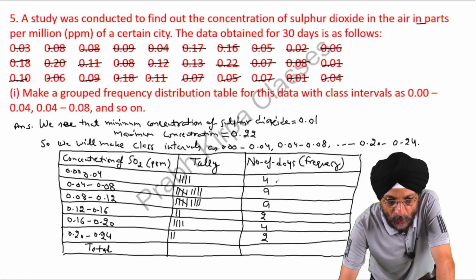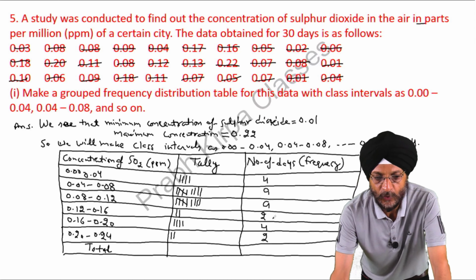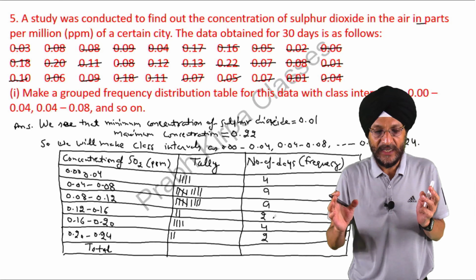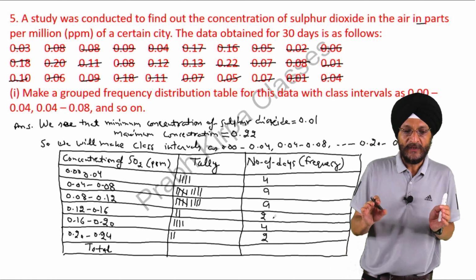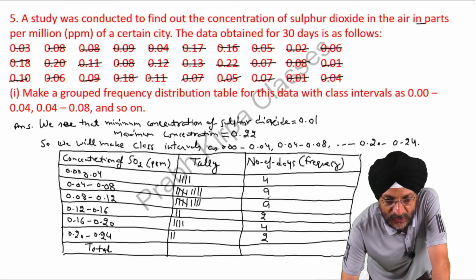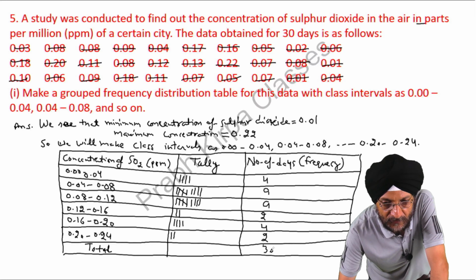Now we will count the total number of days so that we may conclude that all the data has been accounted for while we formed the table. 28 plus 2, 30.